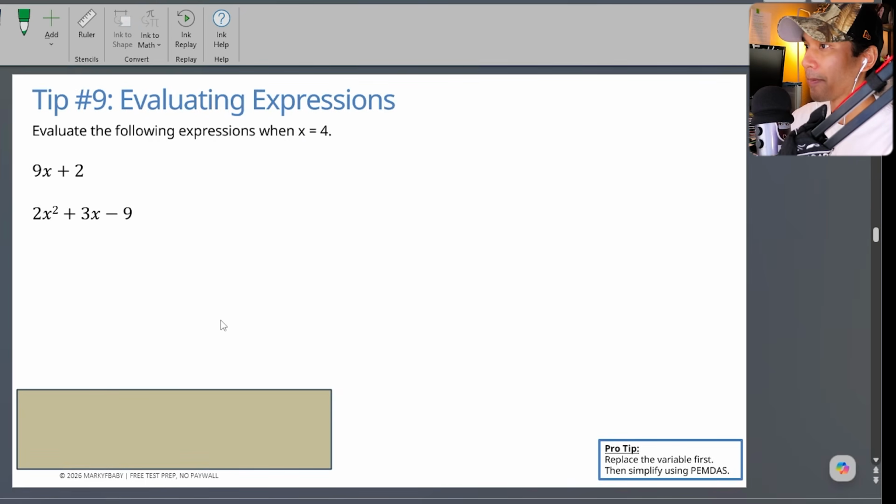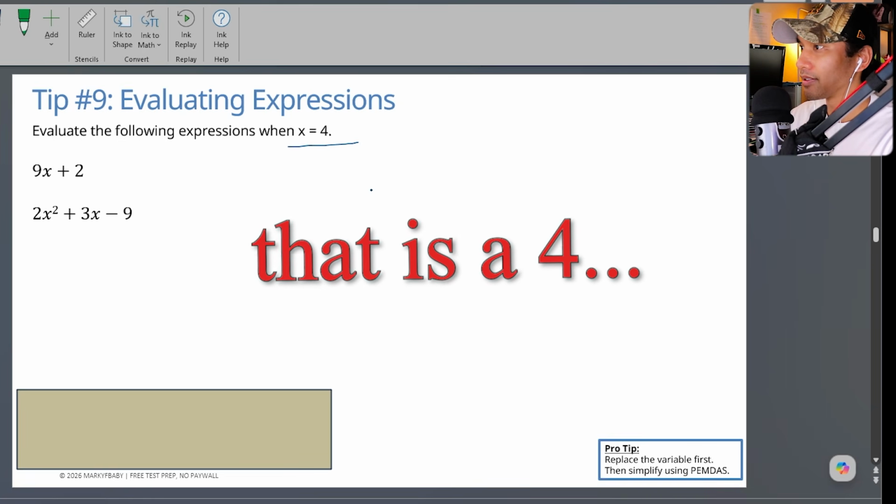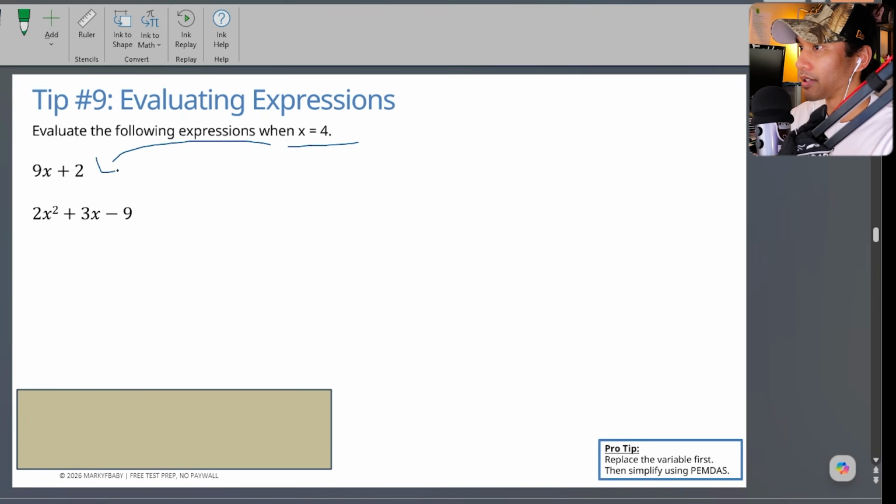All right. Tip number 9, evaluating expressions. Evaluate the following expressions when x equals 4. So we have an x, and we could plug it in to our expressions here below. So let's just go ahead and do it.